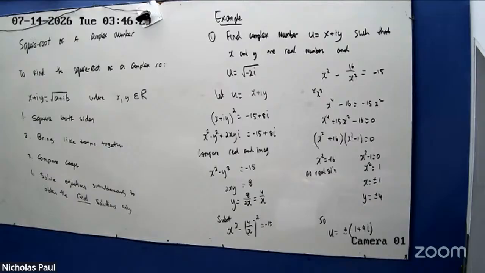So always x squared minus y squared equals 0.